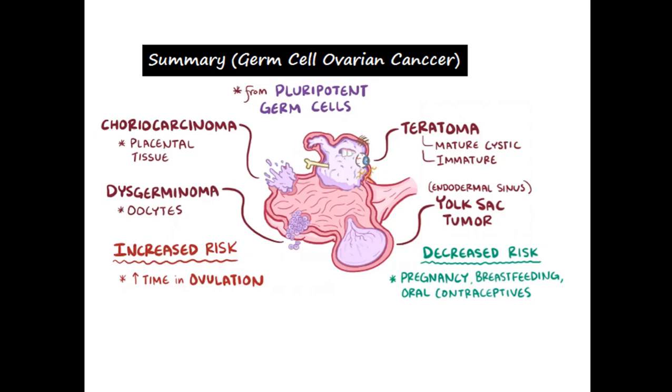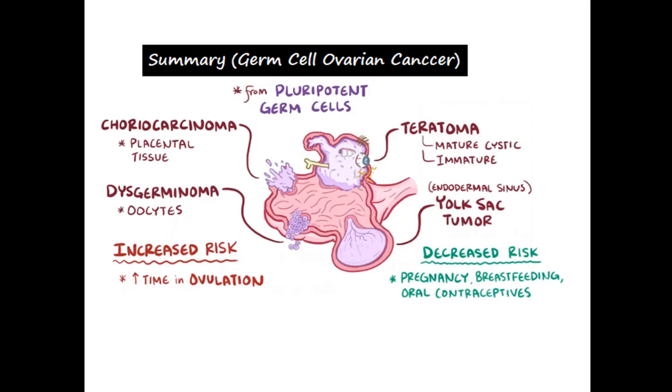The increased risk is associated with increased time in ovulation. If we count the total number of ovulations that a female undergoes during her reproductive life, they may be more in one woman as compared to another woman who becomes pregnant, remains with amenorrhea during pregnancy, with no ovulations, or is breastfeeding, with gestational amenorrhea, during which no ovulations occur.